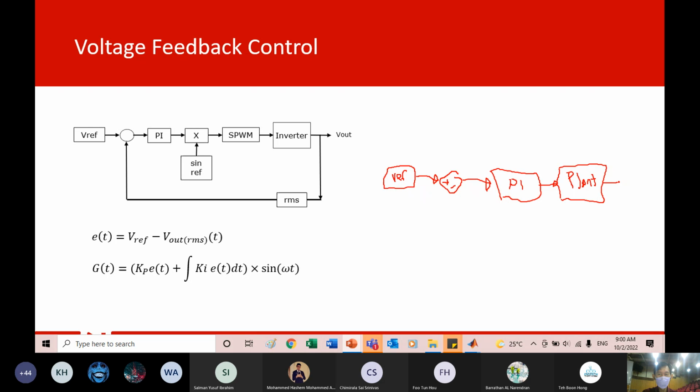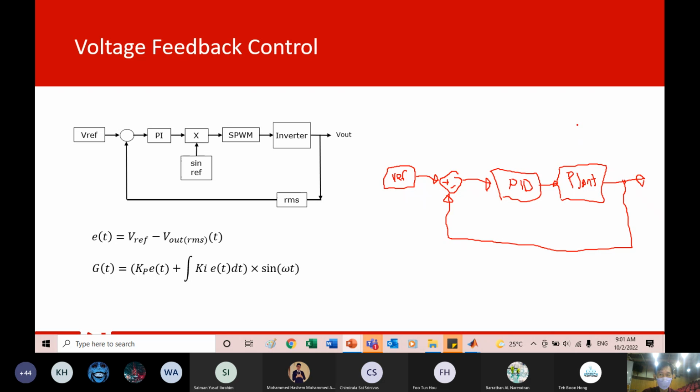And then the output of your plant is actually fed back to the reference. So in your control class, you study the PID controller here, and this is your plant. This is the basic, what we call feedback control.